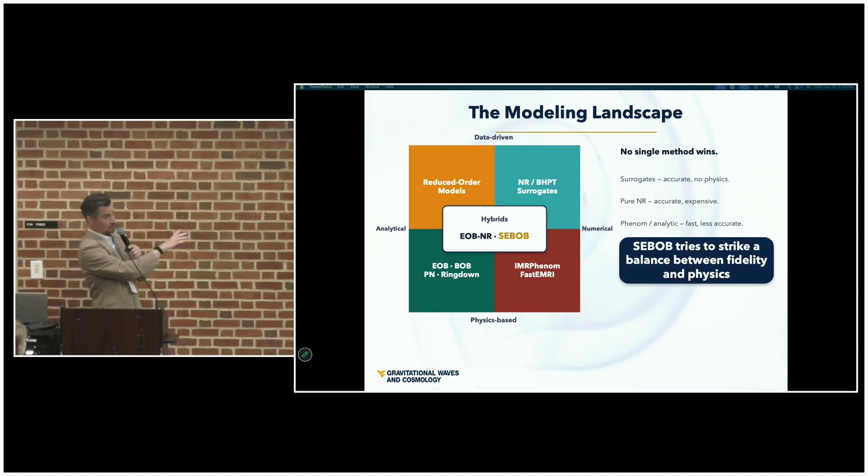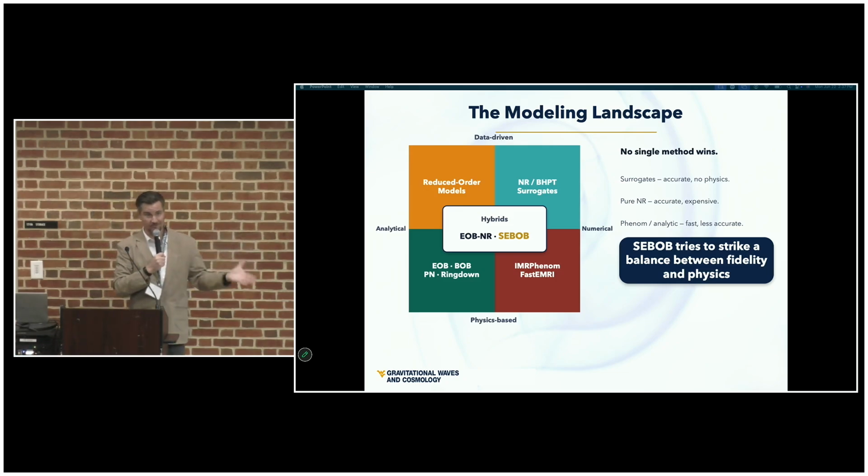This is, I think, better motivated than all that. But regardless, it's a bunch of different tools: black hole perturbation theory, self-force, EOB, regular old post-Newtonian, BOB, right? These are all different levers, and they're all giving us different amounts of information, and we're progressively being able to eliminate the physics-free parts, right?